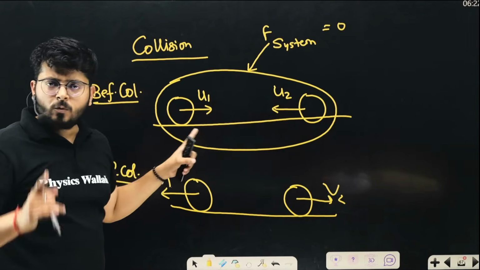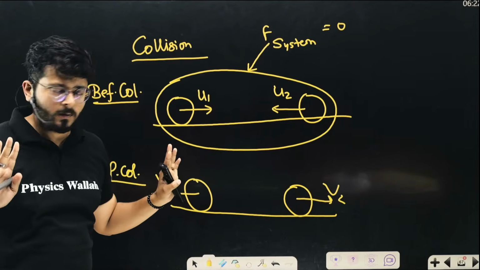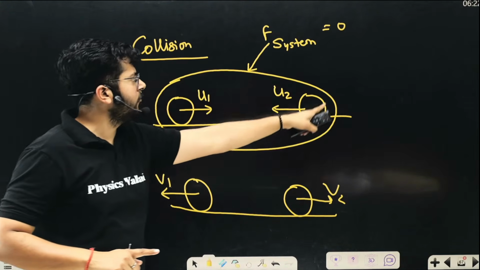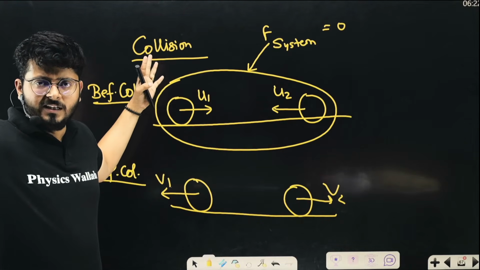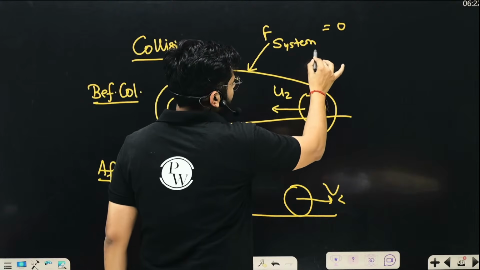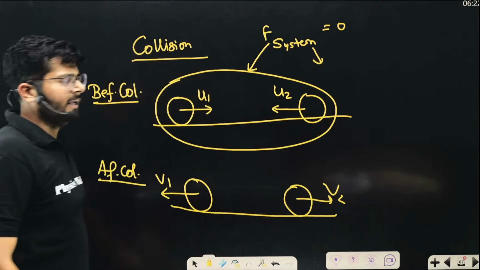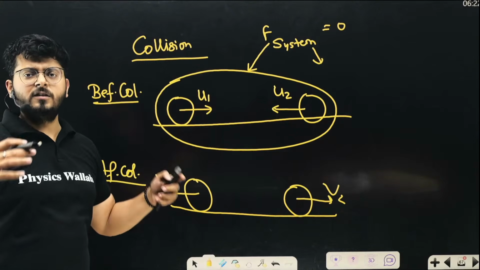Individual bodies are colliding, applying force on each other, and individual bodies are changing their momentum, sure. But if I look at the system, the force acting on the system is 0. Nobody is applying force on the bodies so that they can collide, right? So if there is no force acting on a thing, the momentum of that thing is not going to change.